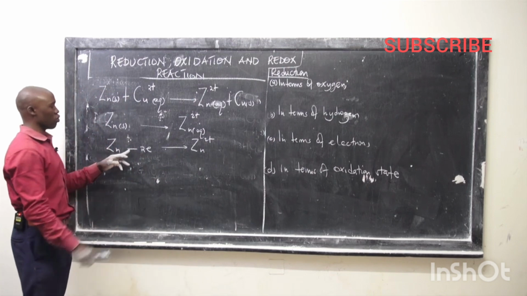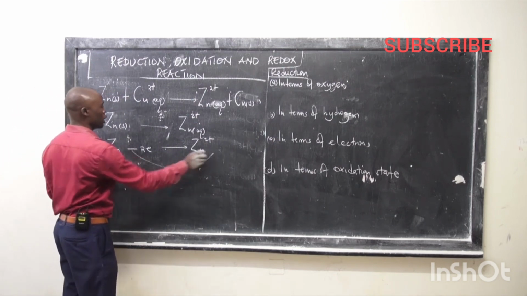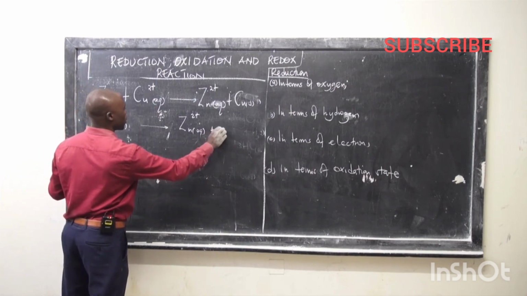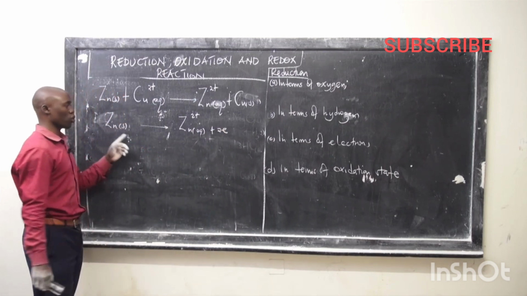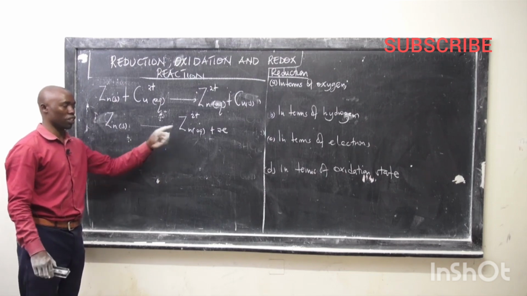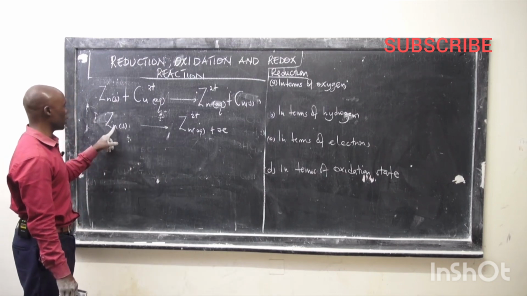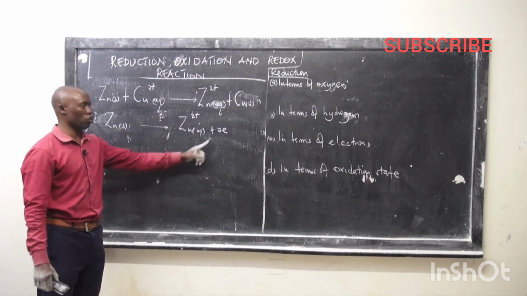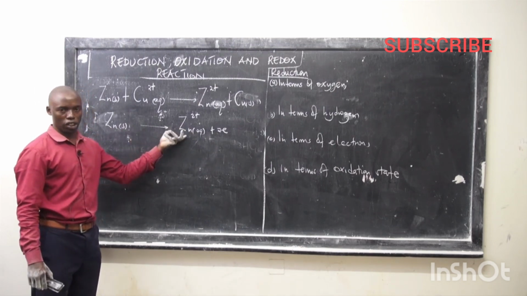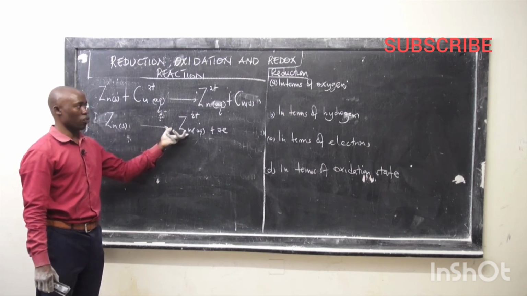So if we transfer these electrons to the other side, we write Zn gives Zn2+ plus 2 electrons, because you can't form a positive ion without electron loss. Now we can see that the zinc atom lost 2 electrons to form a zinc ion. This is called oxidation. That is in terms of electrons.